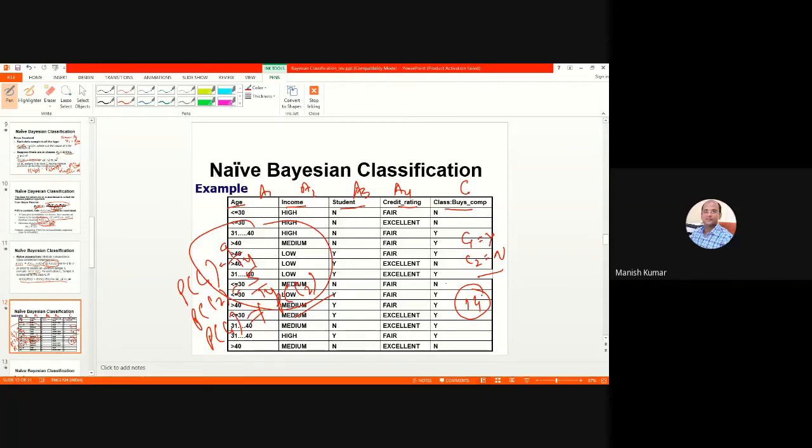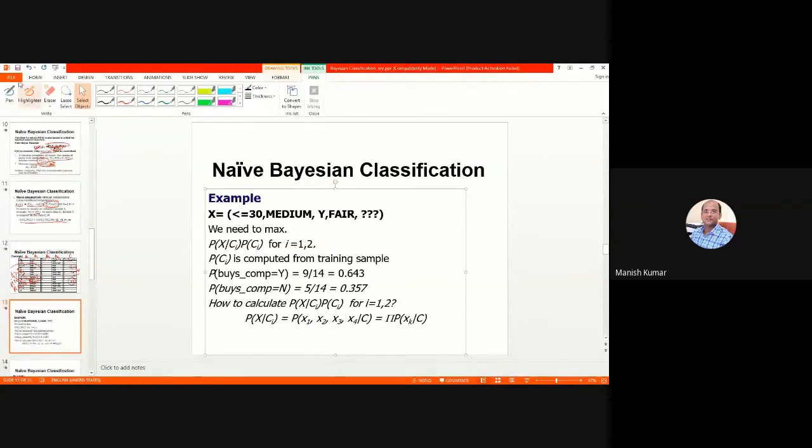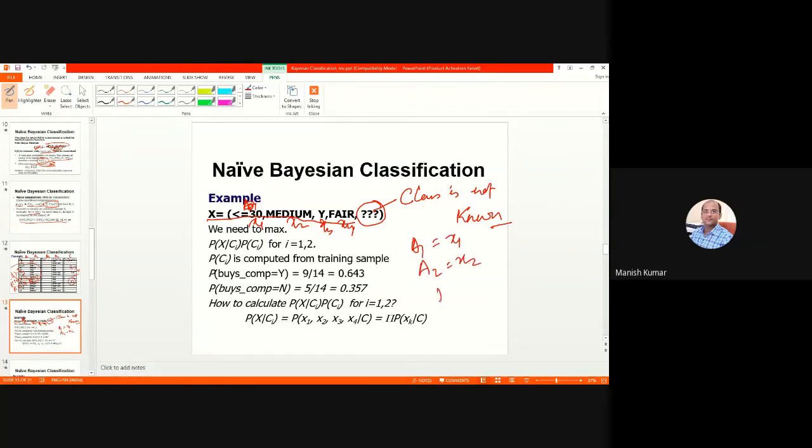Now suppose you have a sample whose class is not known, that means you have to find it out. This sample has values x1, x2, x3 and x4, where x1 corresponds to A1, x2 to A2, x3 to A3 and x4 to A4.